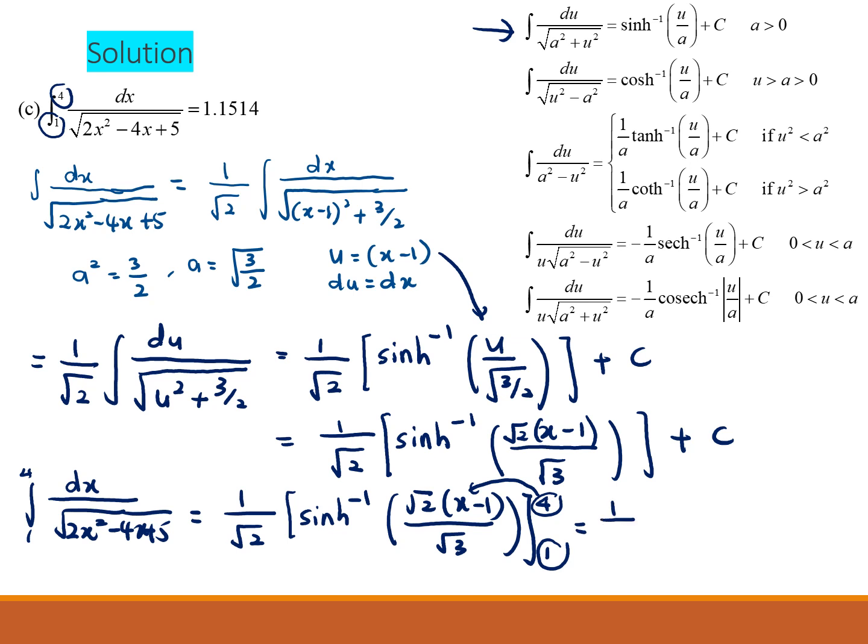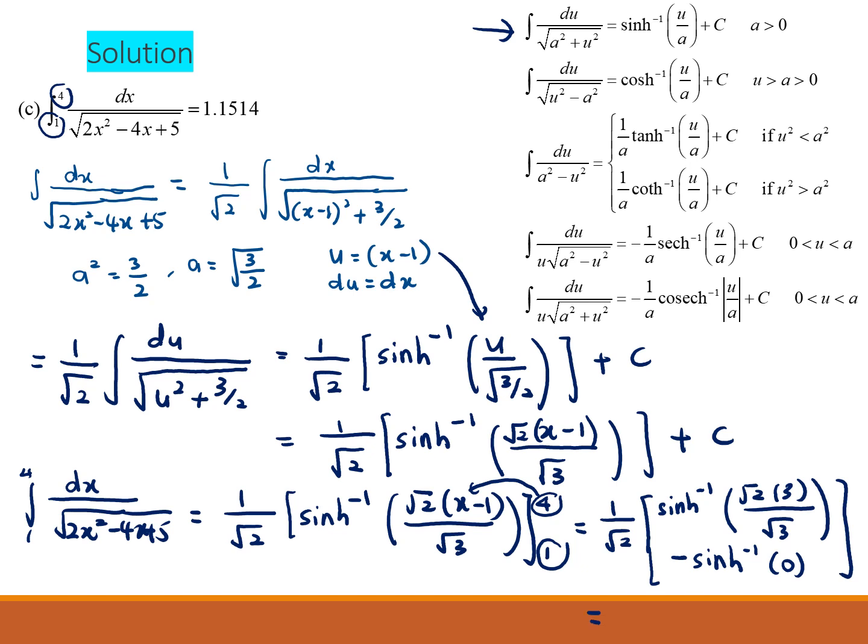So we have 1 over square root of 2 inverse sine hyperbolic of square root of 2 times (4 minus 1, which is 3) divided by square root of 3, minus the inverse sine hyperbolic of 1 minus 1, which is 0. So the final answer will be 1.1514.